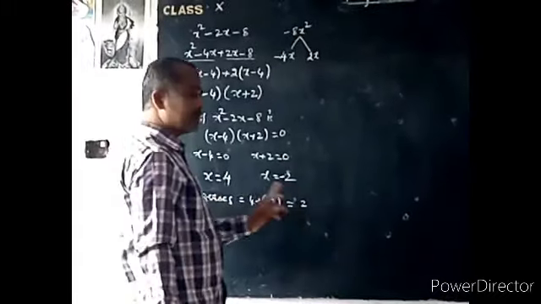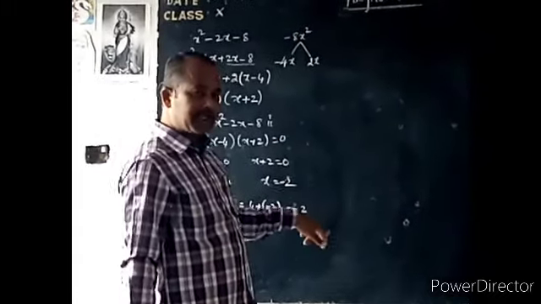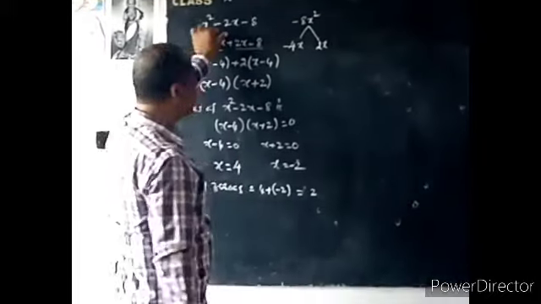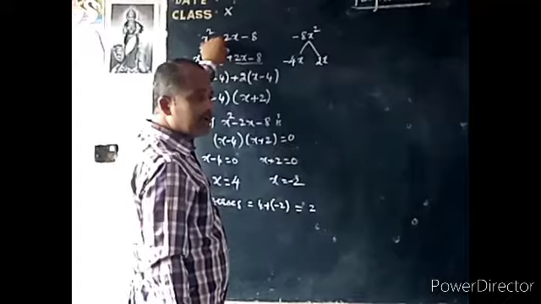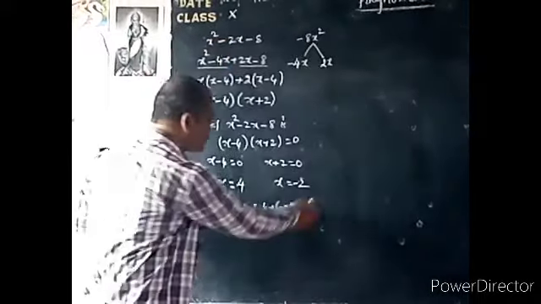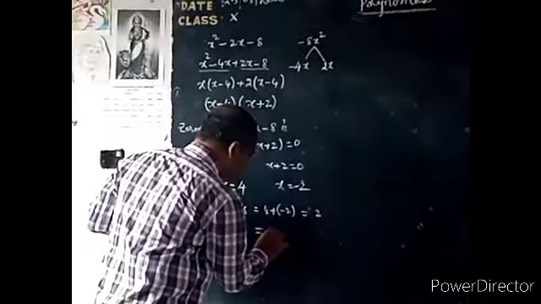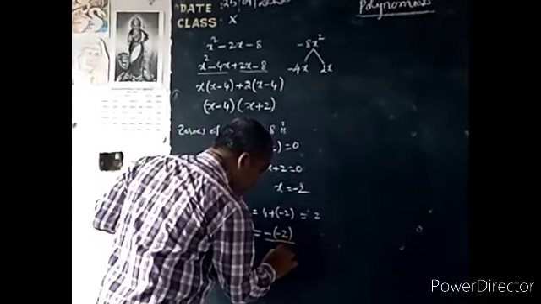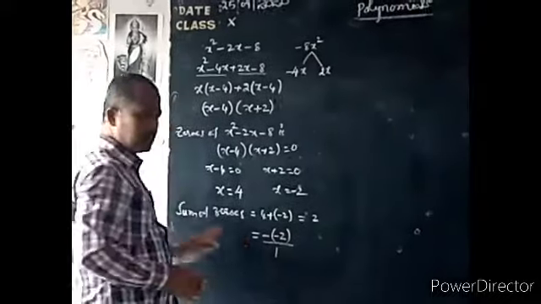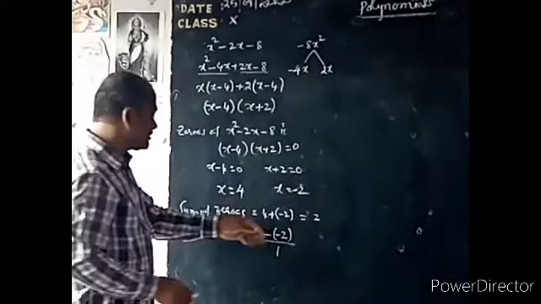This 2 can be written as minus of minus, again it is plus. Why? In the given polynomial, here minus 2 exists, not plus 2. So 2 can be written as minus of minus 2 by 1. It can be expressed like this. Now minus 2 is what?